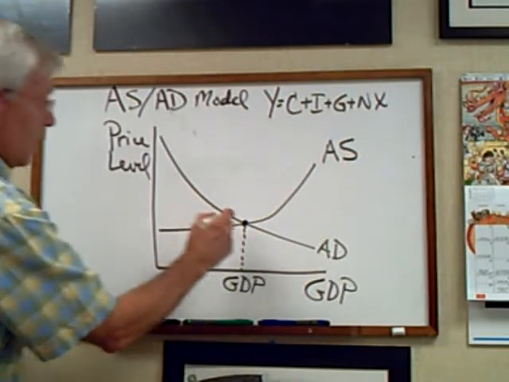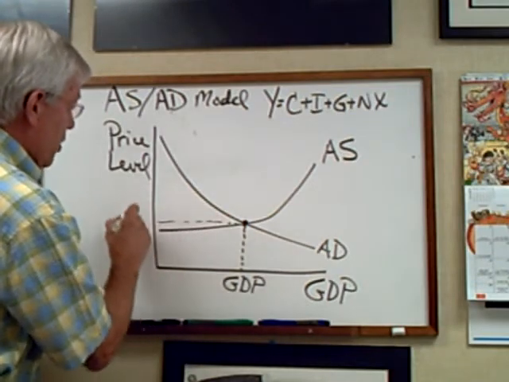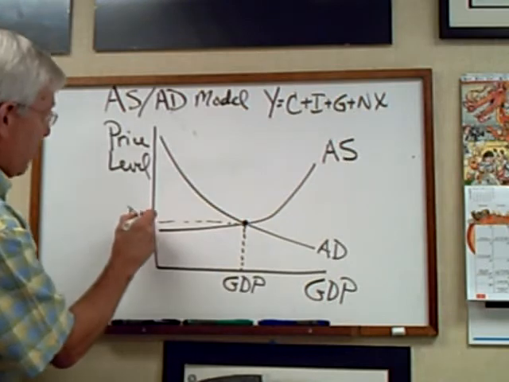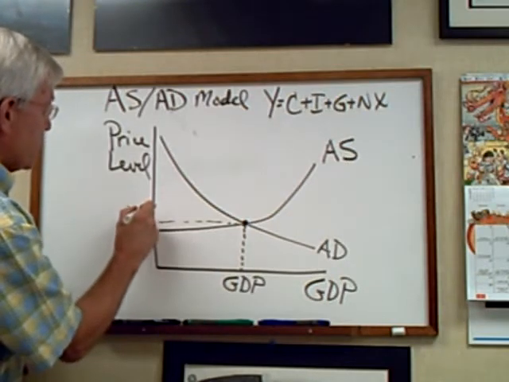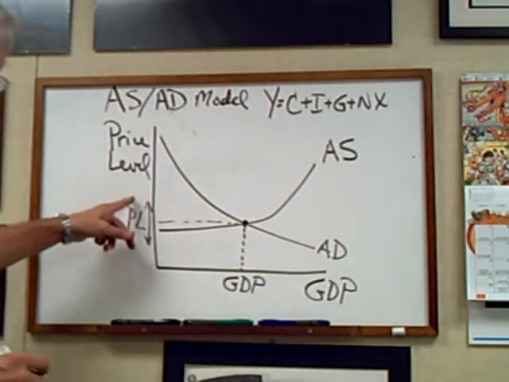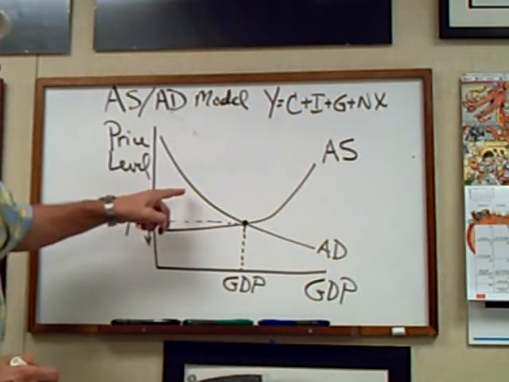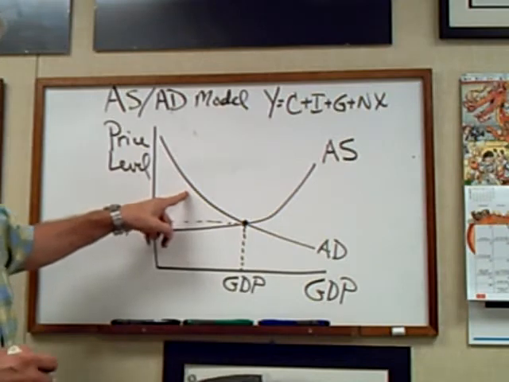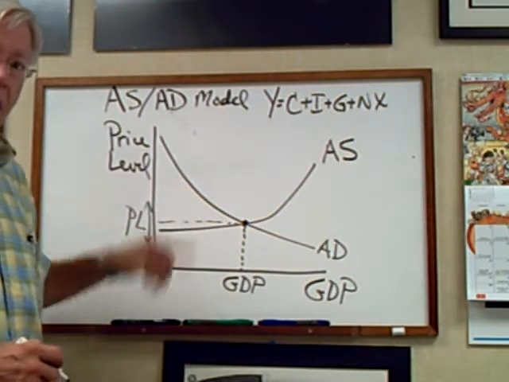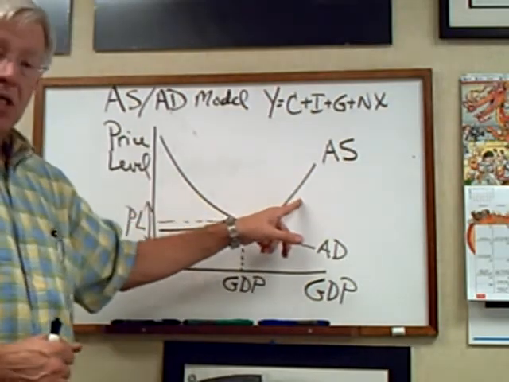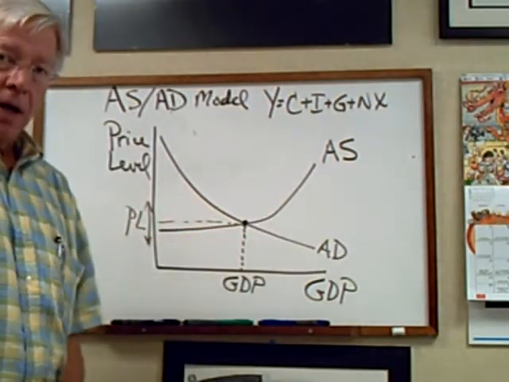So this determines the price level that the economy measures. If I have movement in the price level, up is inflation, down would be disinflation. Okay? The government, through various policies, can influence aggregate demand, and other policies can influence aggregate supply.